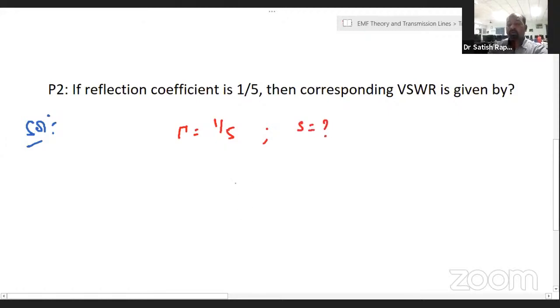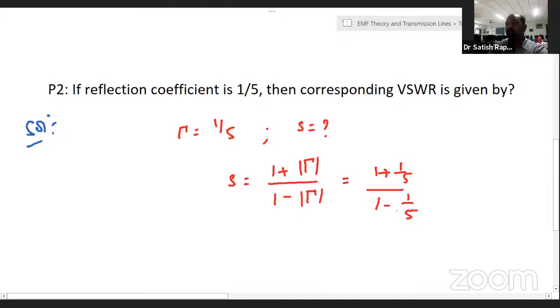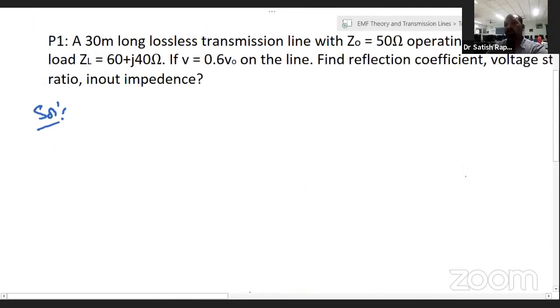What is the formula we have? S is equal to 1 plus capital gamma divided by 1 minus capital gamma. This is equal to 1 plus 1 by 5 divided by 1 minus 1 by 5. If you calculate, you will get 3 by 2, so the answer is 1.5. The standing wave ratio is 1.5. Very simple, direct substitution.